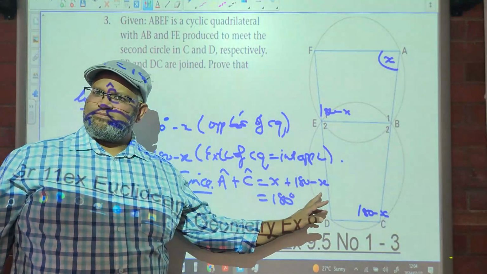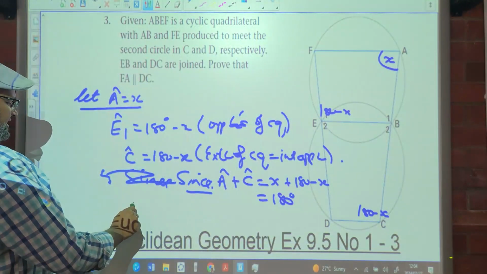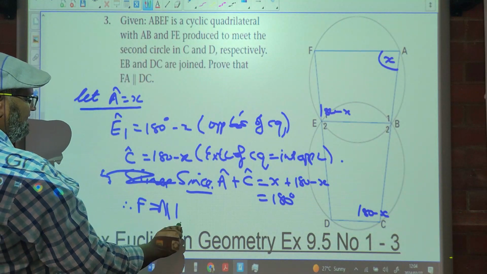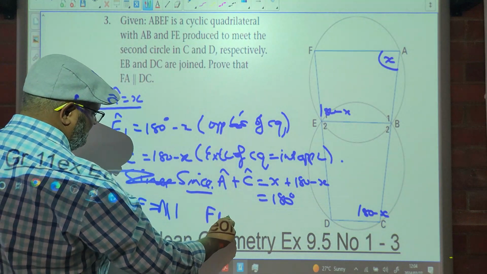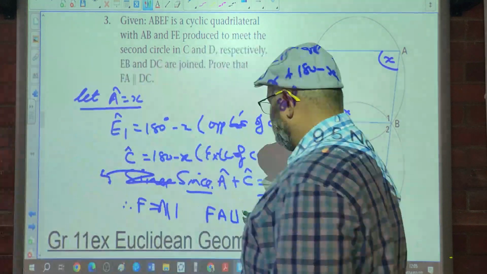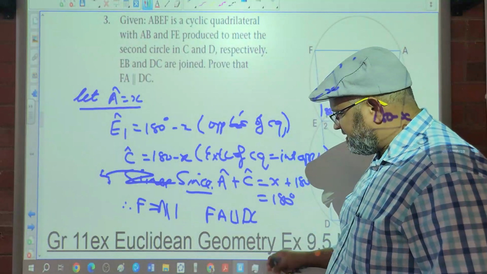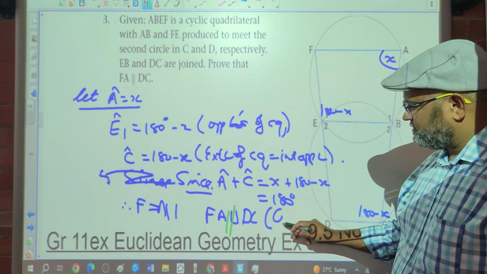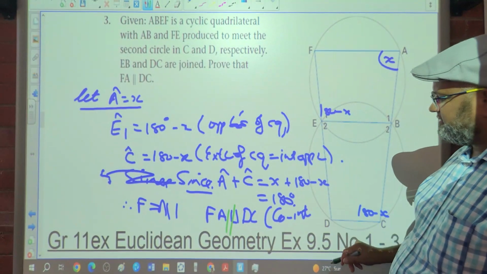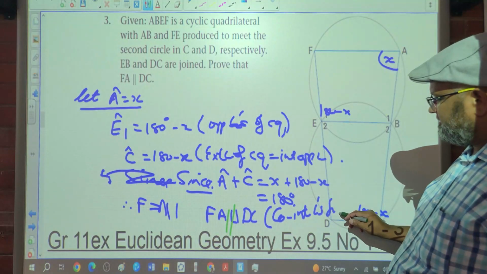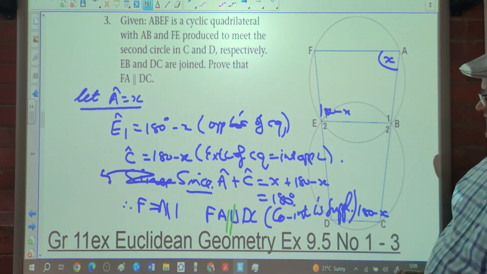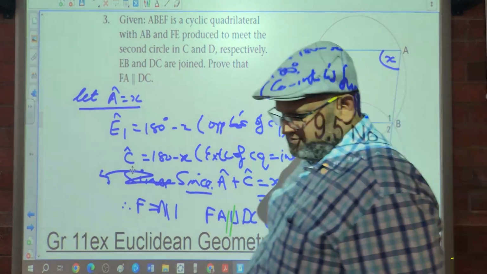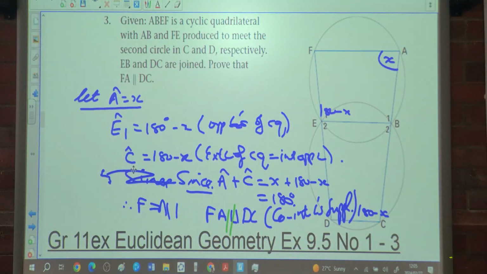We state the obvious, since that is the case, therefore FA is parallel to DC. Why? Because co-interior angles are supplementary, which means to say they add up to 180. Sorry about that. But that basically brings us to the end of your homework, correct?